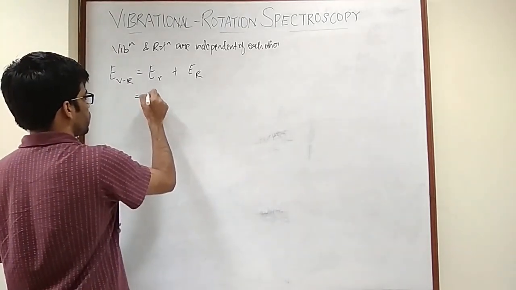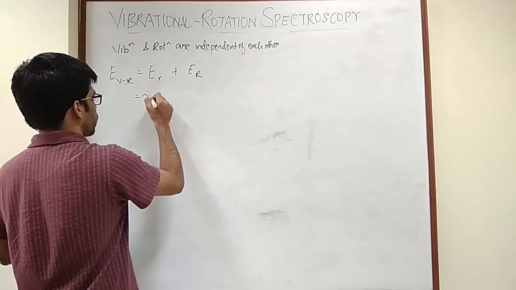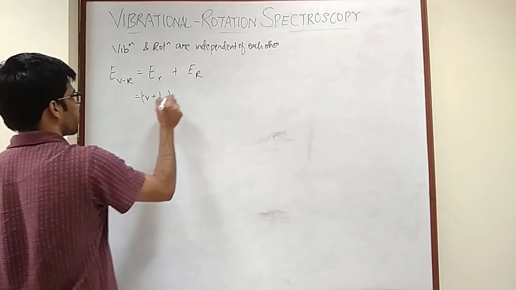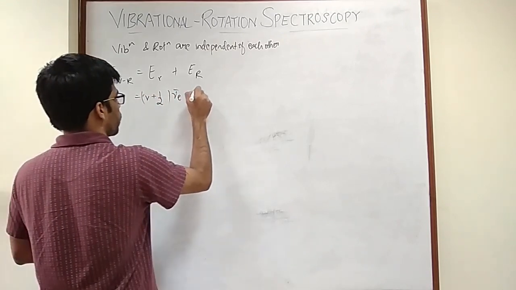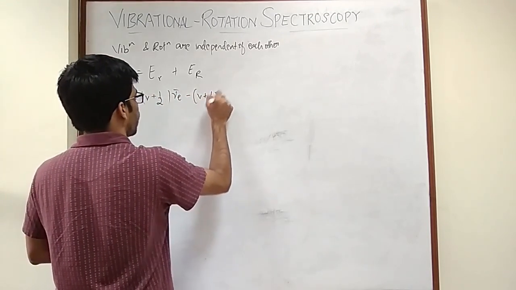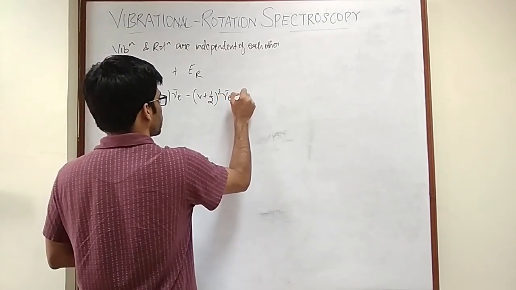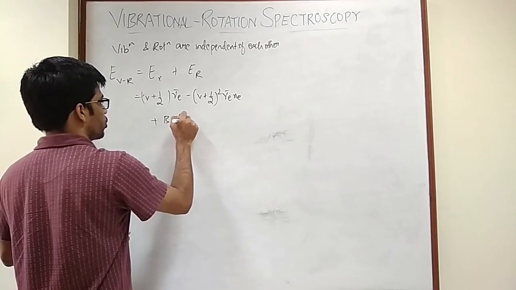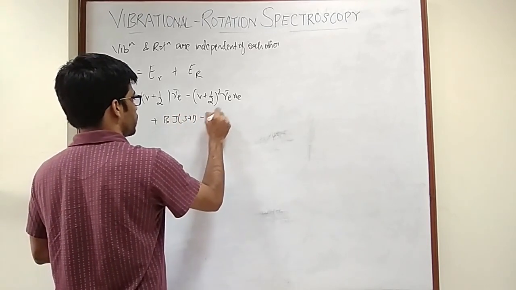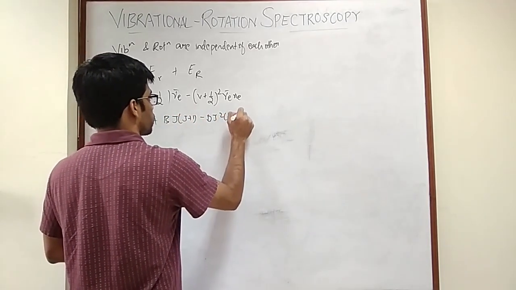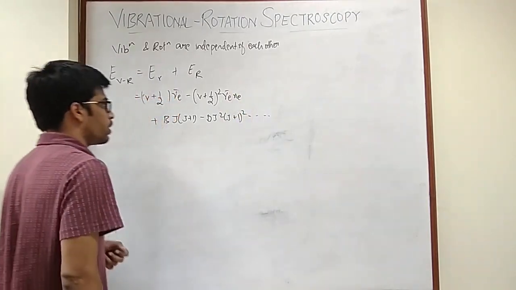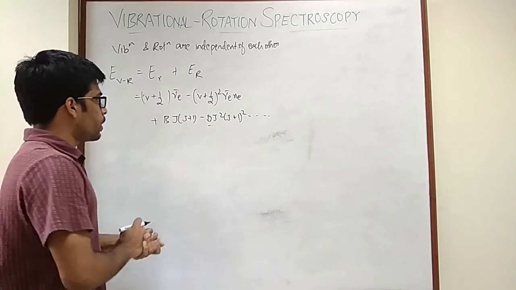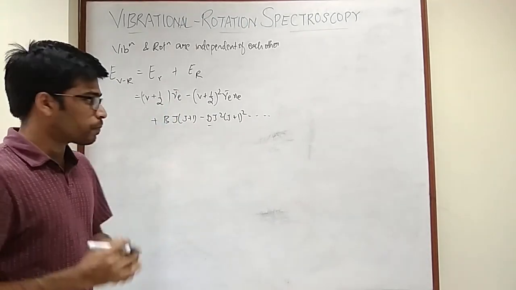Let's say this is (v plus half) mu e minus (v plus half) whole square mu e xe, plus BJ(J plus 1) minus DJ square (J plus 1) square and other terms. Now obviously this is coming from the non-rigid rotor approximation, and this is coming from the anharmonic oscillator.